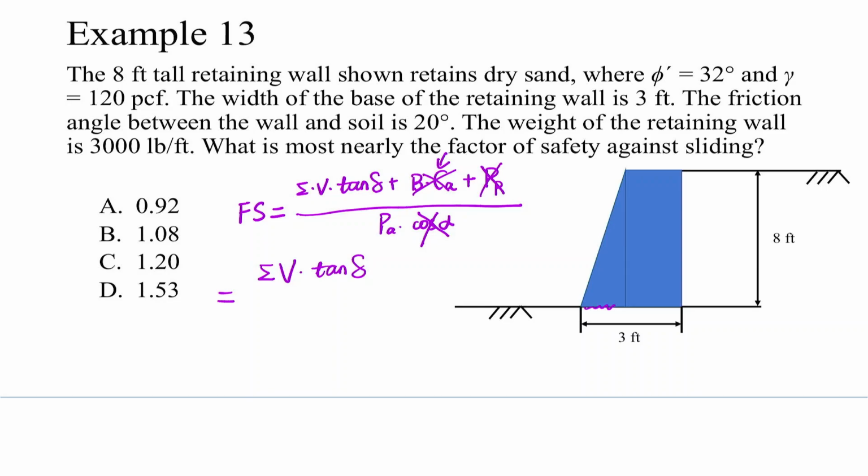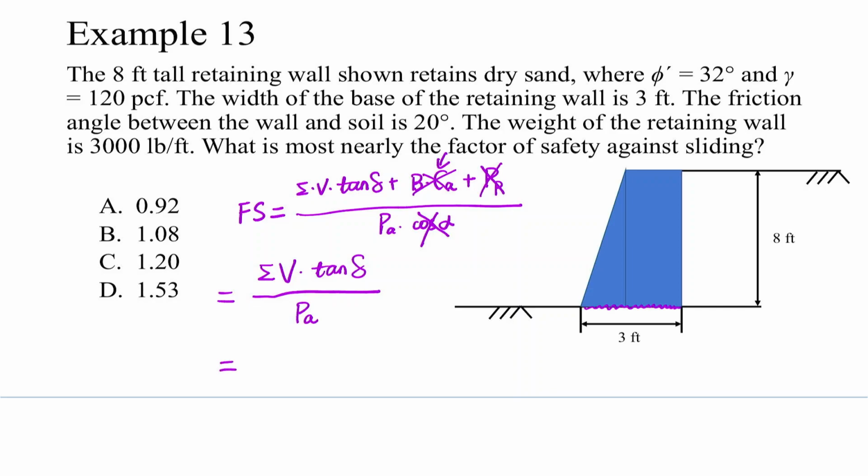We're talking about the friction along this interface over here. And over the lateral earth pressure, the PA, sometimes you can use an F value. Basically, it's however much force you have calculated as the lateral earth pressure.